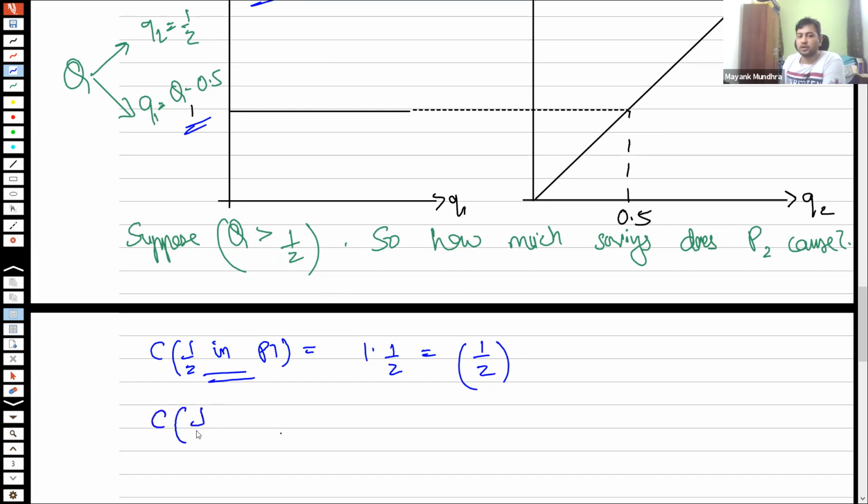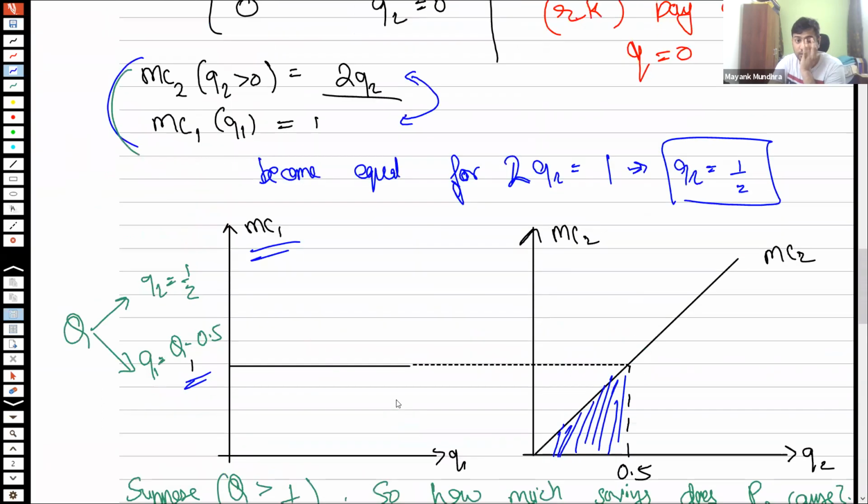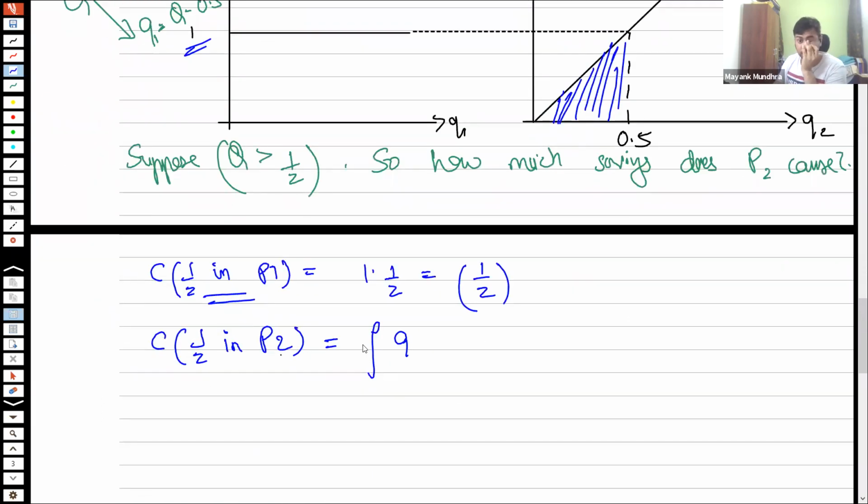The actual cost of producing this half unit in plant 2 is just the area under the marginal cost curve, right? This is the marginal cost curve. So you just integrate this marginal cost, MC2 is 2Q2, going from 0 to half. So the integration of 2Q2 is Q2 square.